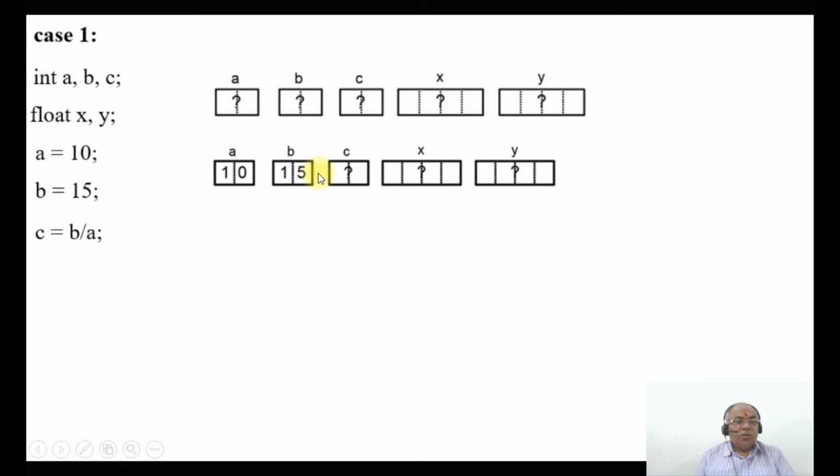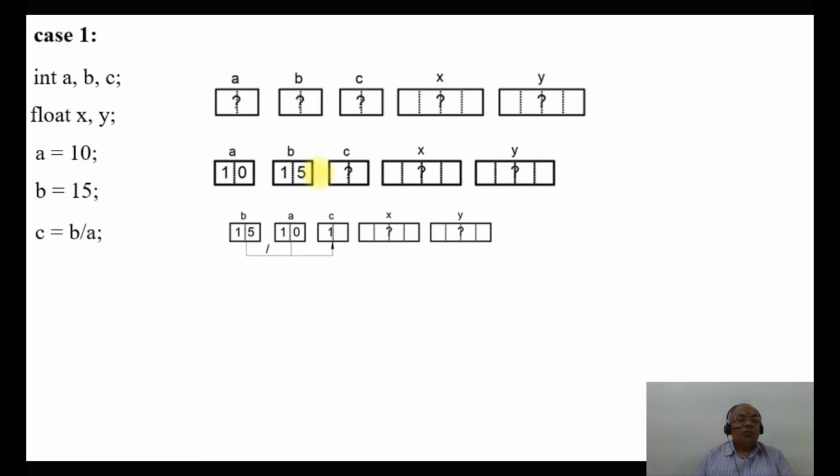Once you do that, what will be the value of c? C will be equal to b by a. Since c is also an integer, what happens? 15 divided by 10 becomes 1.5, but here it will not show 1.5, it becomes 1. Why?